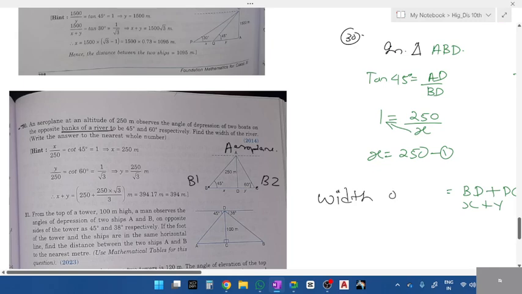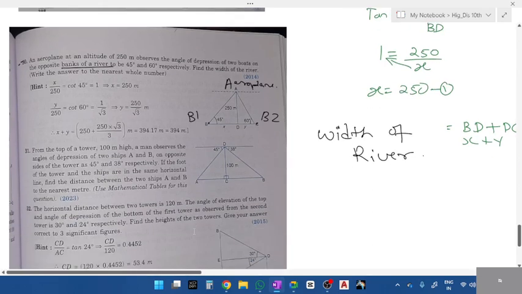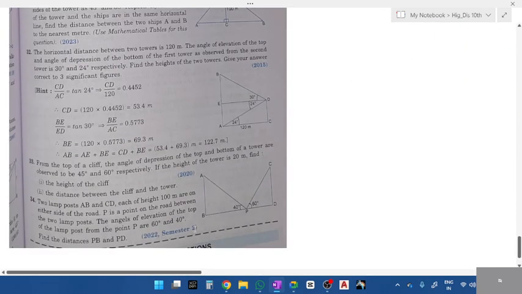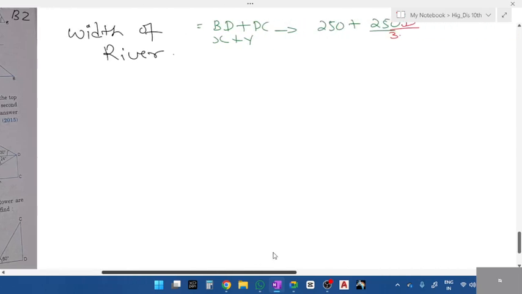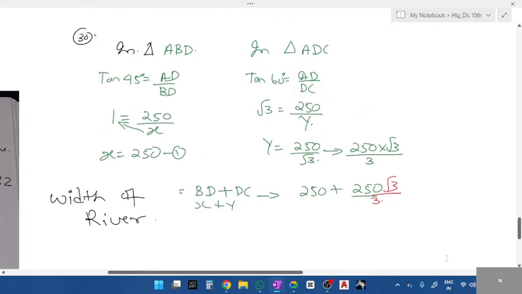The width of river. Now is it clear? So the width of river will be x plus y, students. X plus y. Questions 31, 32. Okay. 33, 34 is same. 31, 33 and 34. Complete this.